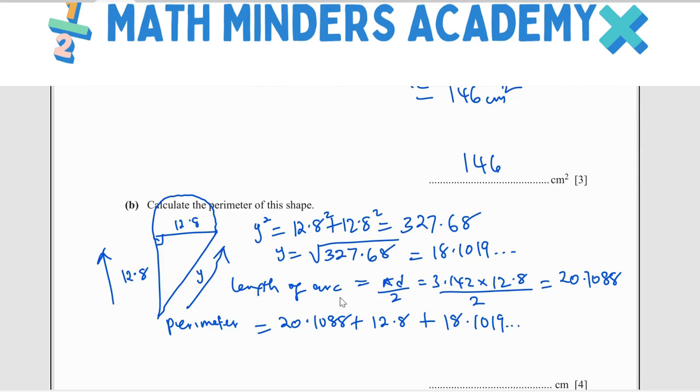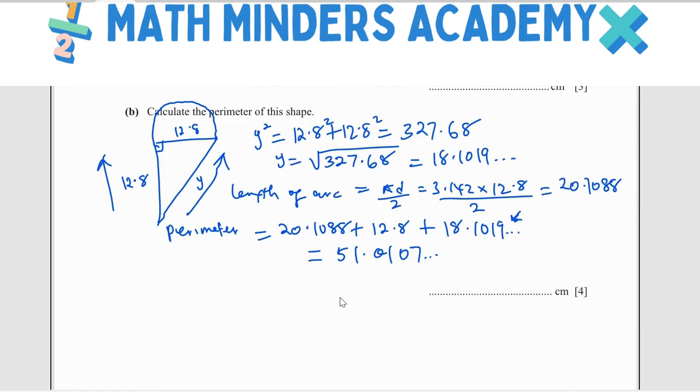If we add all of these together, we will get 51.0107 and so on, because of this particular value that floats. So writing this to 3 significant figures will give us 51.0, or 51 centimeters. So that will be the perimeter of the shape.